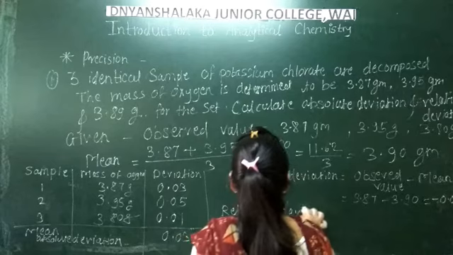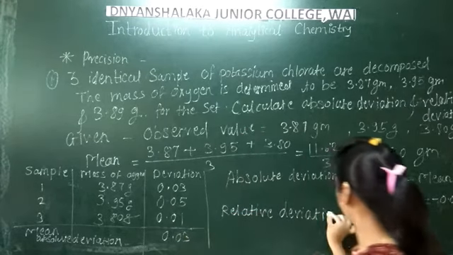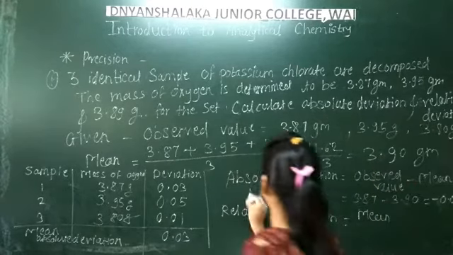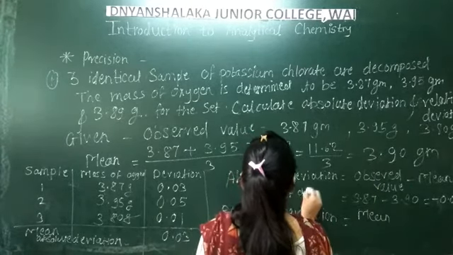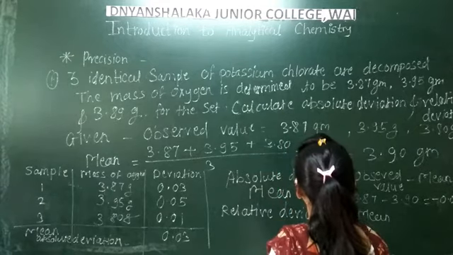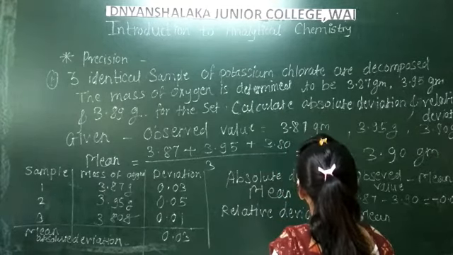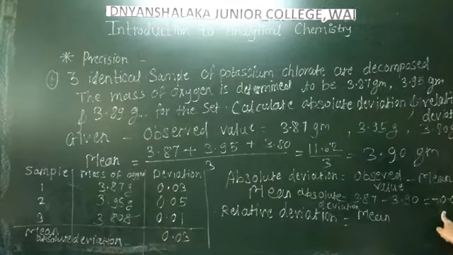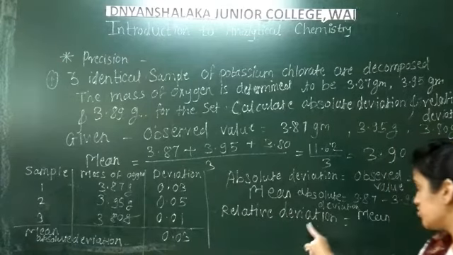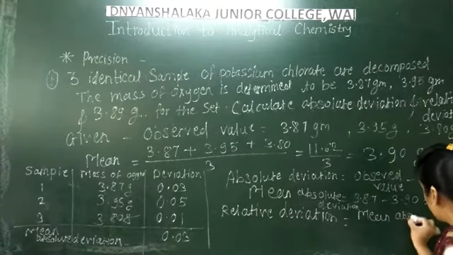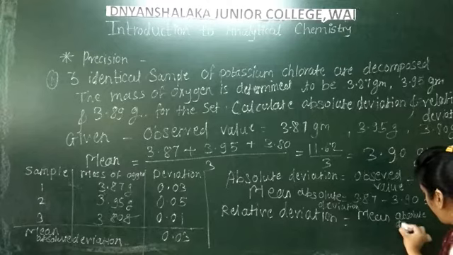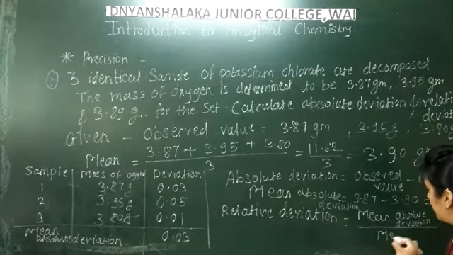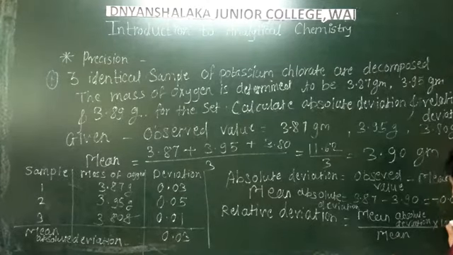Next we find out the relative deviation. The mean absolute deviation is equal to 0.03 gram. Relative deviation is equal to mean absolute deviation divided by mean into 100%.